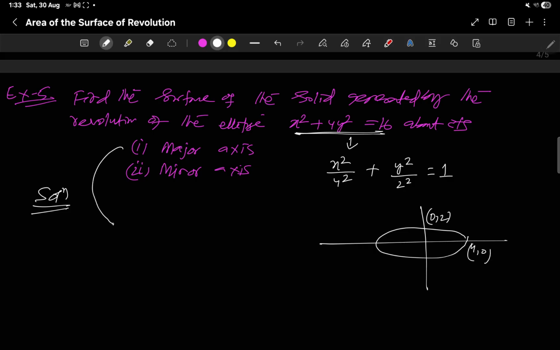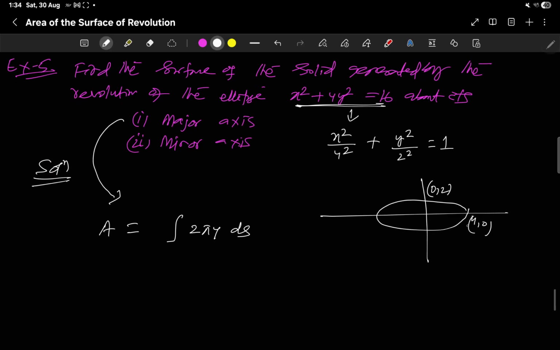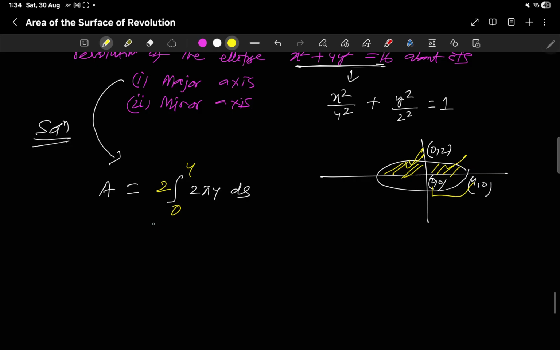About the major axis, the area is equal to integration of 2 pi y ds. The limit will be 0 to 4, since this coordinate is 0, 0. If we take this half and multiply by 2, it is 0 to 4, so it will give you the area about the major axis.